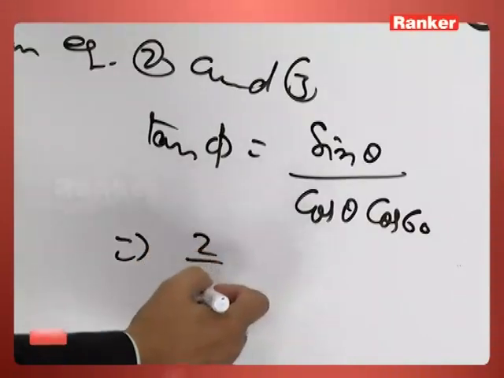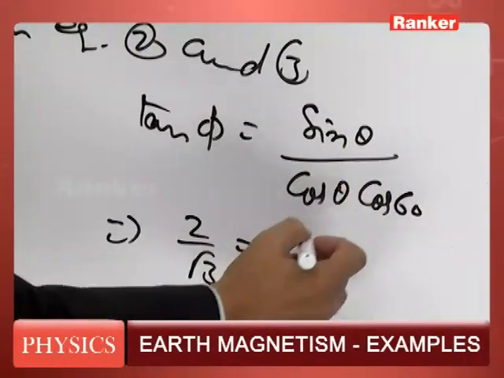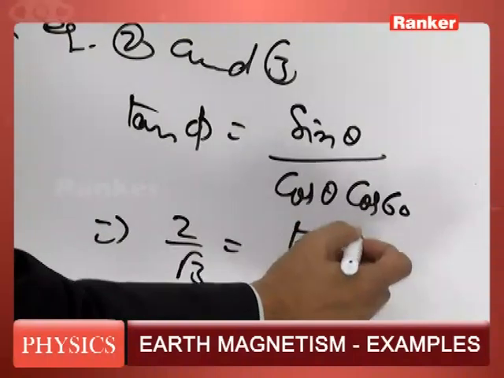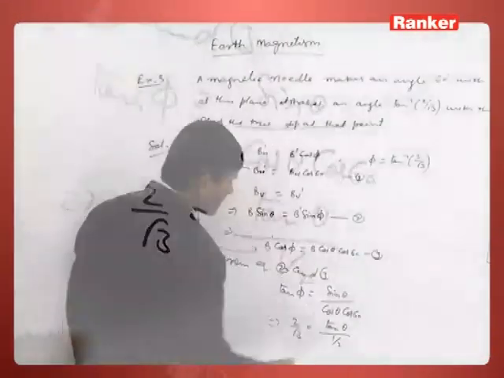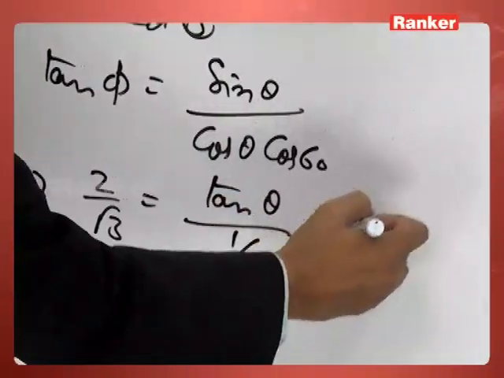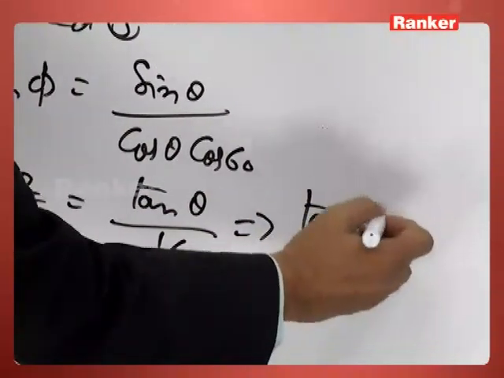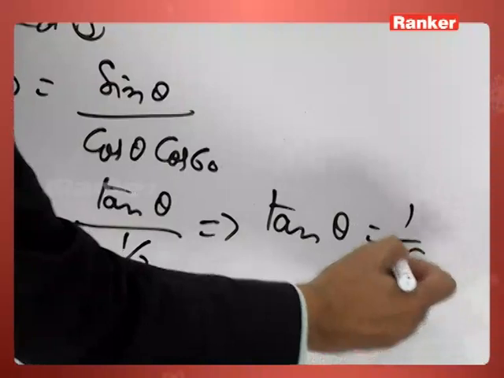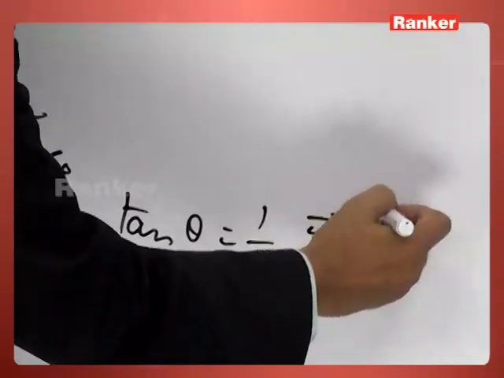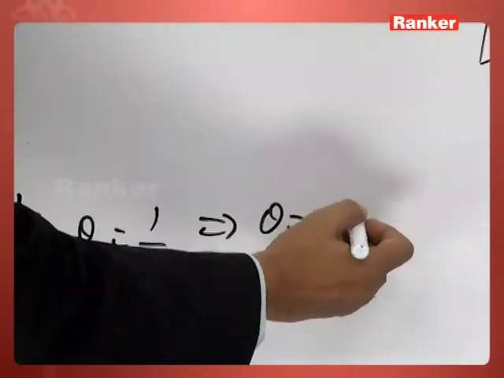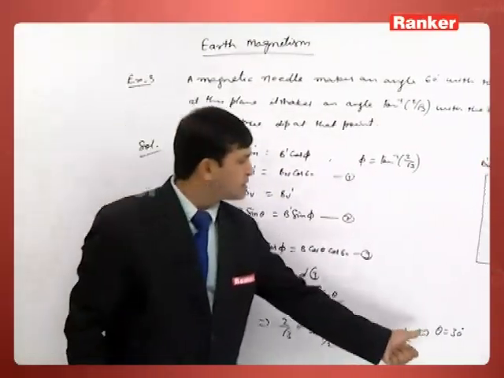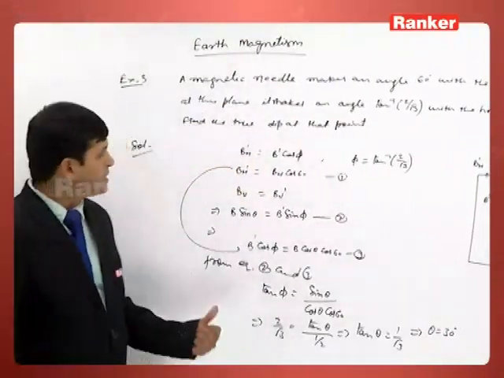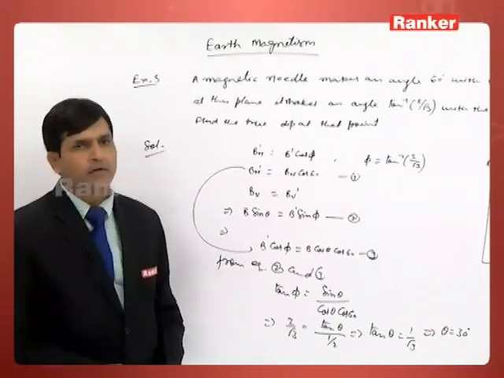So this is your 2 by root 3, which is equal to your tan theta by cos 60, or 1 by 2. So here tan theta is your 1 by root 3. So from here theta is 30 degree. So the true dip angle is equal to your 30 degree. In this manner we can solve the problem.